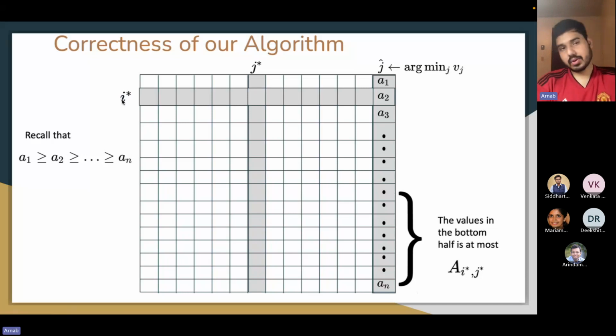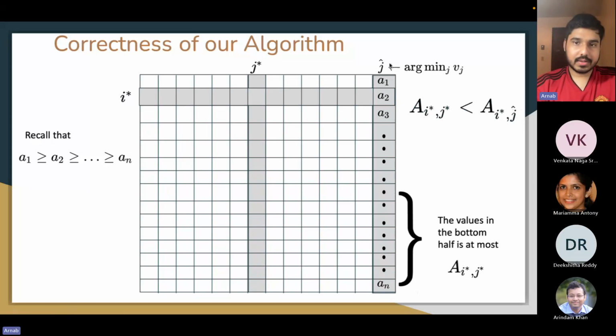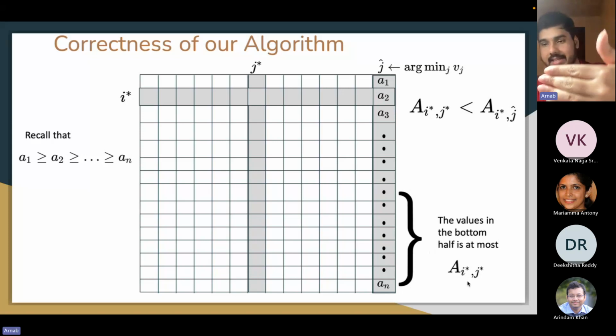Now let's focus on the column i star. By definition, this i star is the unique least element in this row, which means that for any other column, A i star j star will be strictly less than A i star j hat. So if you focus on this value here, it should lie in the top half, because the bottom half elements have a value which is at most A i star j star.